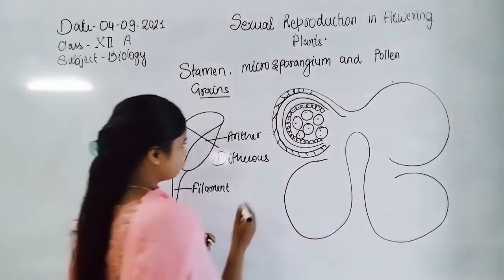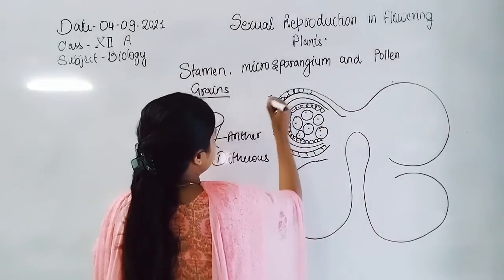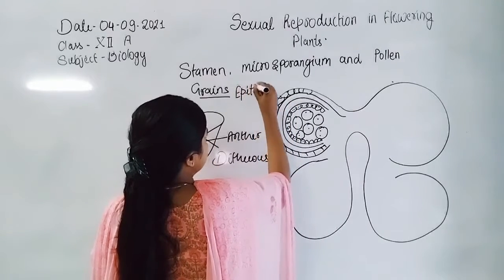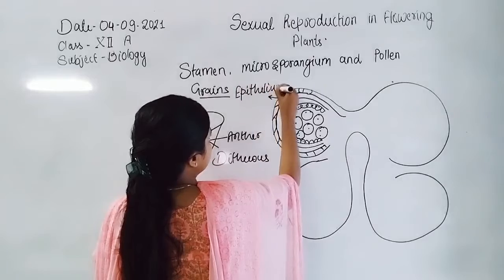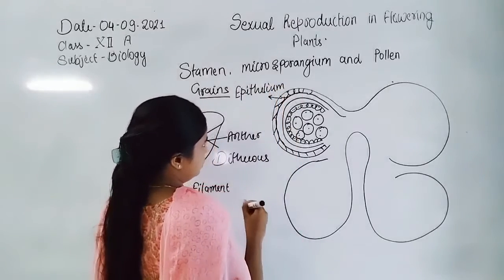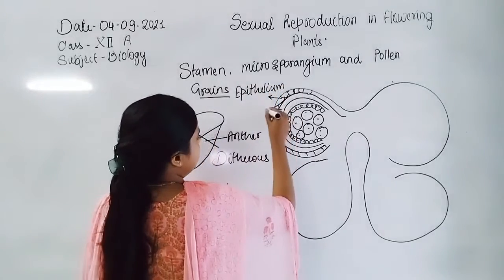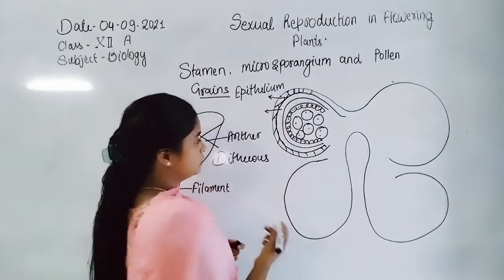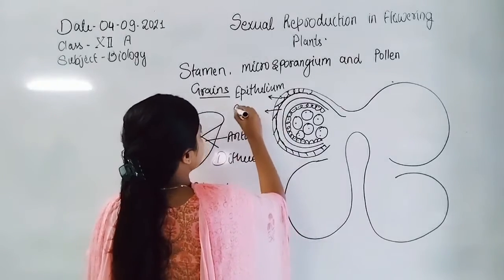Now the outermost layer is the epidermis, then the endothecium, then the middle layer.